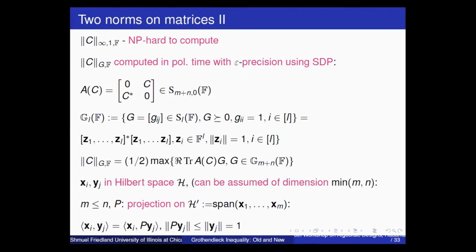So why is there so much interest in this Grothendieck inequality? First of all, there was a big interest in functional analysis. His paper was published in 1953 in the Bulletin of the Brazilian Mathematical Society of Sao Paulo, an obscure journal, and it was in French.